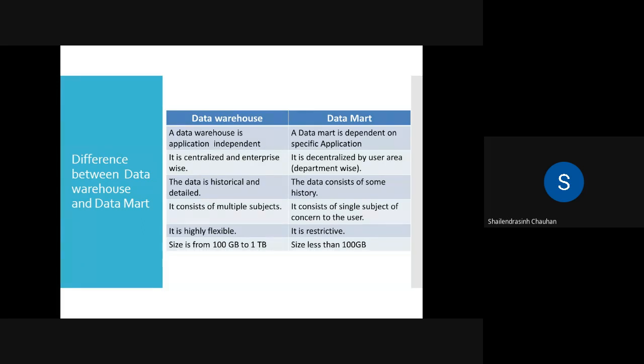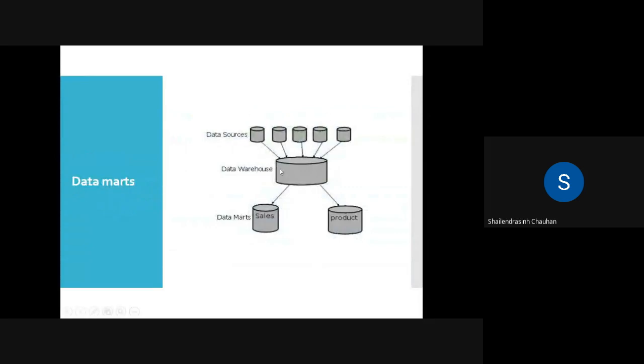Second difference: it is centralized and enterprise-wide. With respect to the previous image, let us say these are the different data sources and you have multiple branches.